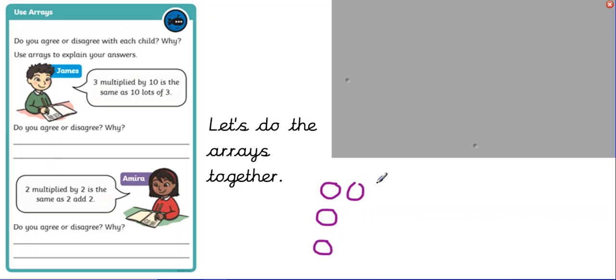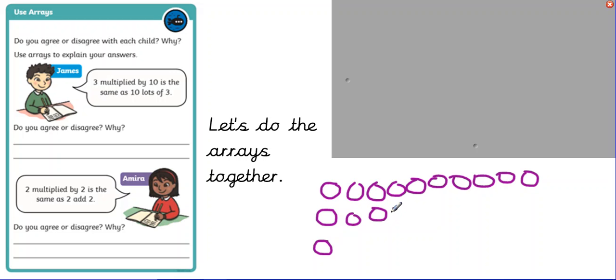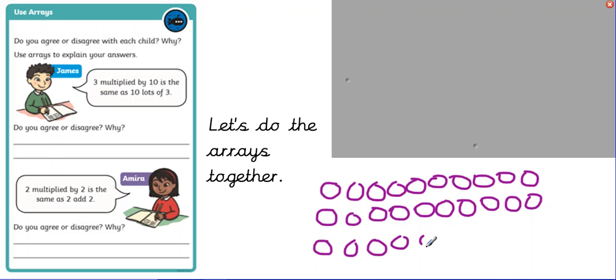So 1, 2, 3, 4, 5, 6, 7, 8, 9, 10. 1, 2, 3, 4, 5, 6, 7, 8, 9, 10. 1, 2, 3, 4, 5, 6, 7, 8, 9, and 10. Okay, so 3 multiplied by 10, so 3 lots of 10 first of all.